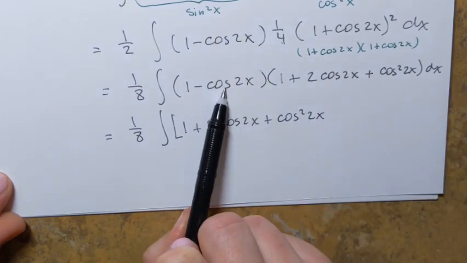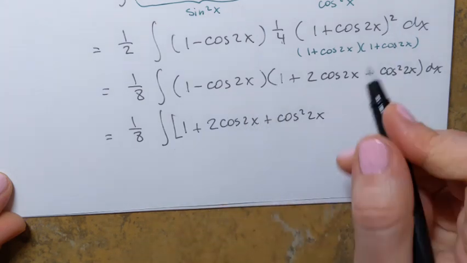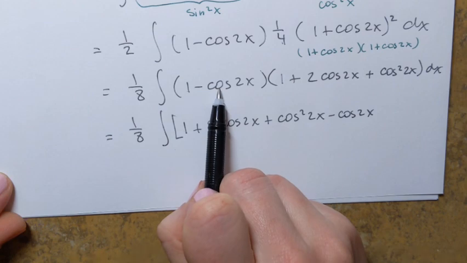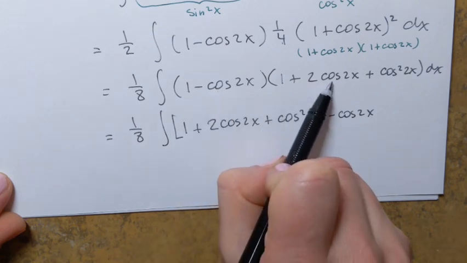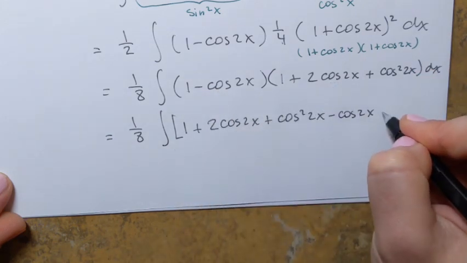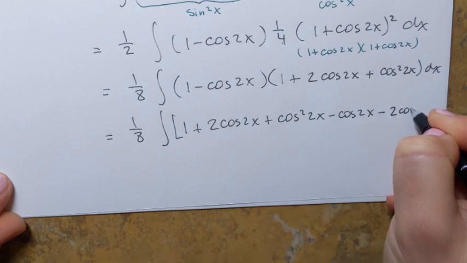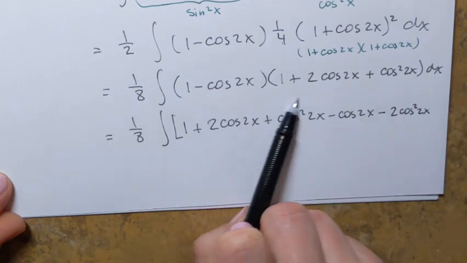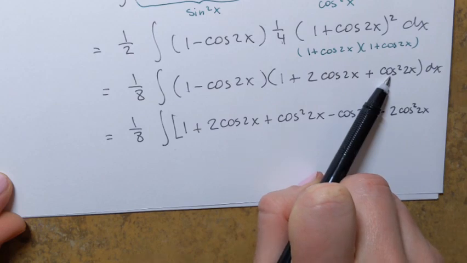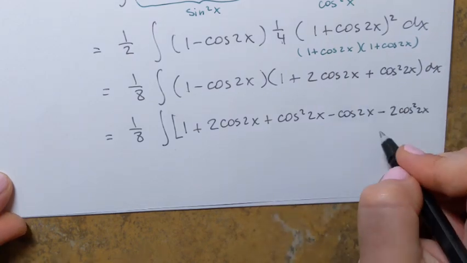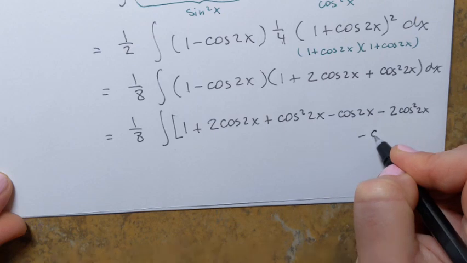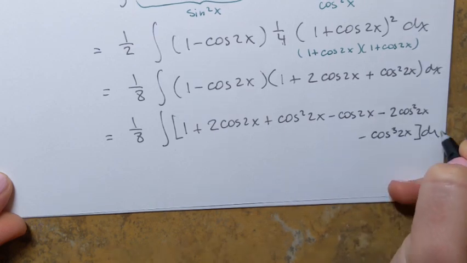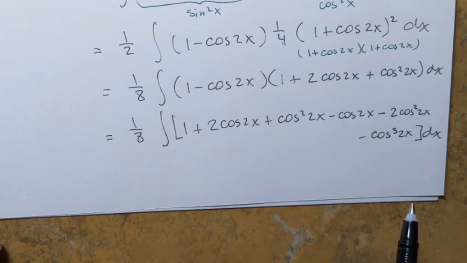And then minus cosine of 2x, minus 2 cosine squared, and then finally minus cosine to the 3rd power of 2x, dx. Do I have any like terms?